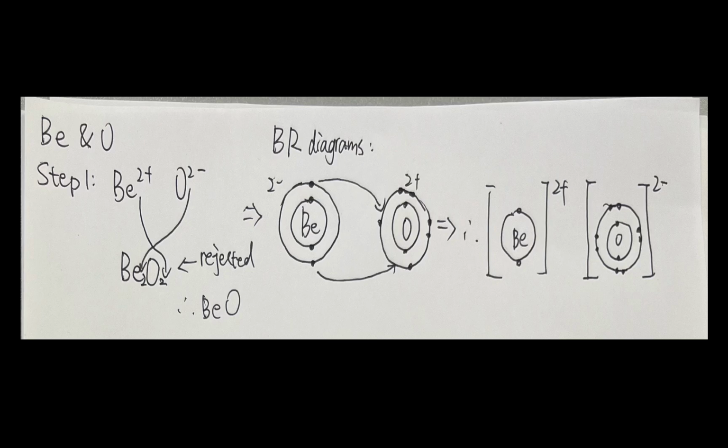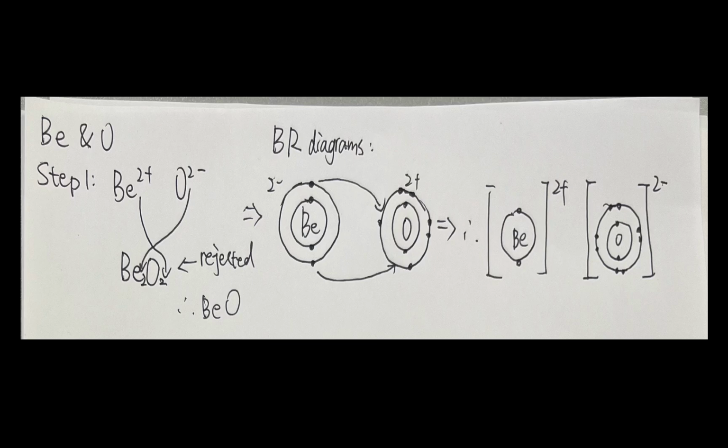The valency of beryllium is positive 2, while the valency of oxygen is negative 2. So they are the same, and we cannot use Be2 and O2 because it's repetitive. So we can simply write BeO, which is beryllium oxide.